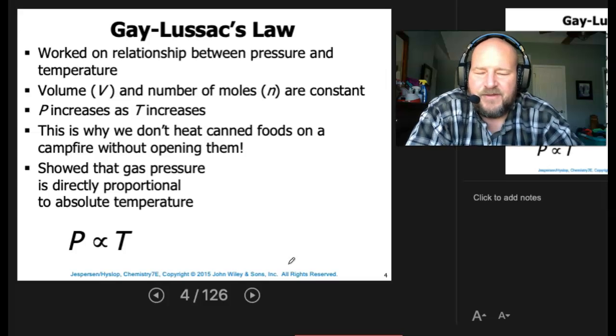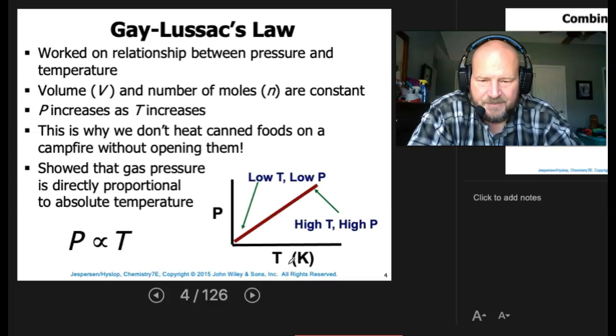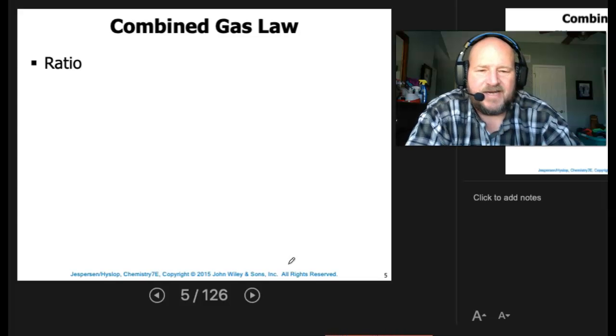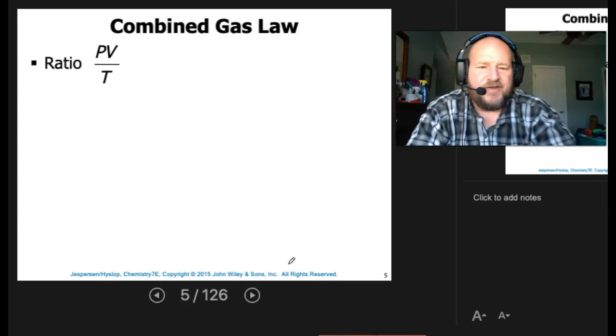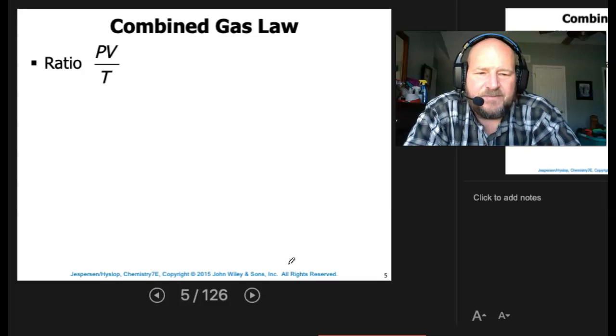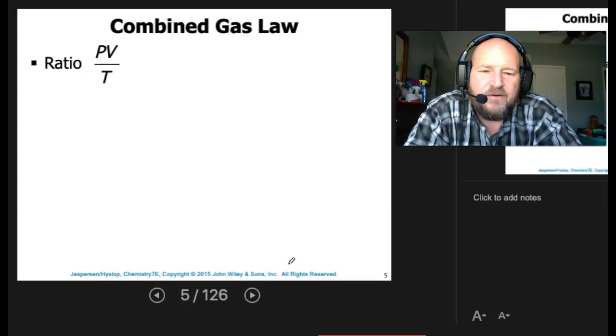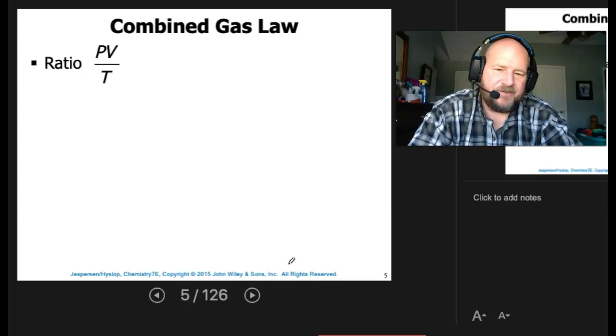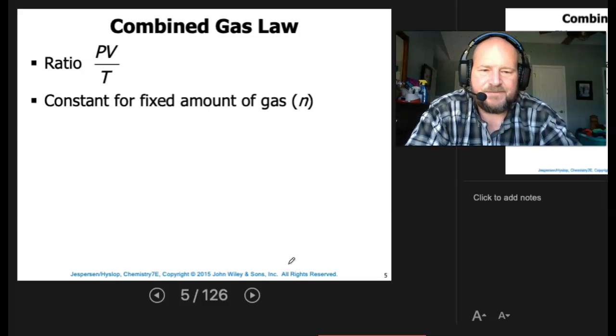We know that pressure is proportional to temperature, so as pressure goes up, temperature goes up. At high temperature, we automatically have high pressure; at low temperature, we have low pressure. Now we can take these three gas laws and turn them into the combined gas law. The ratio is the pressure, the volume, and the temperature all together: PV over T. We can then look at scenarios where we do something to the gas and see how it changes.